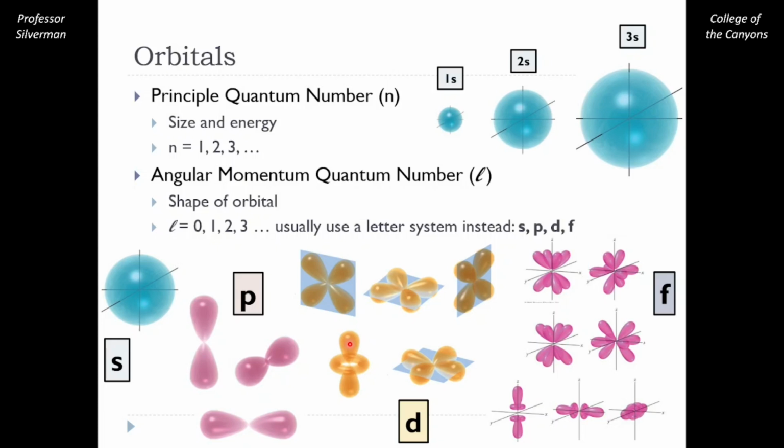We have these 5 different shapes for the d orbitals. Once we get up to f orbitals, these shapes become pretty wild. Maybe they are flowery shapes, maybe they're quadruple peanut shapes. We got some wild stuff going on here. There's 7 different shapes for our f orbitals.